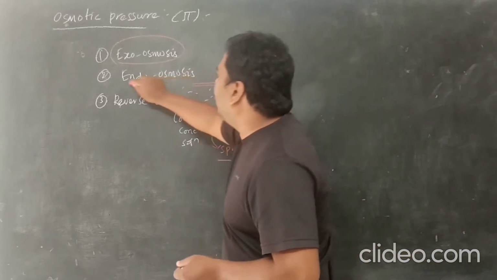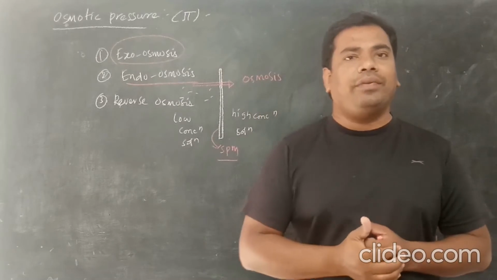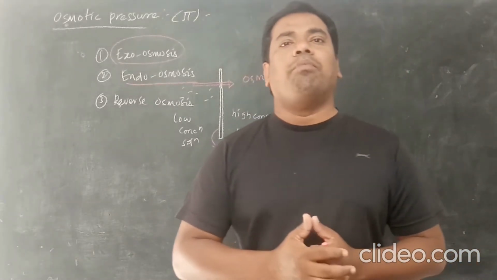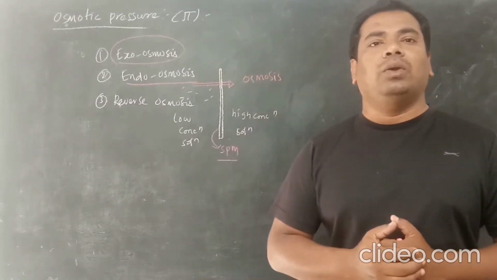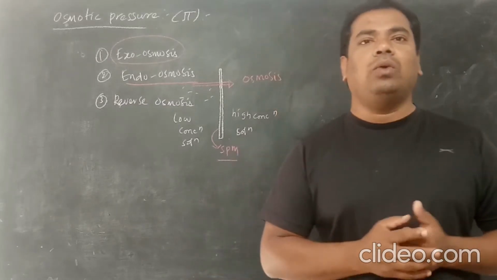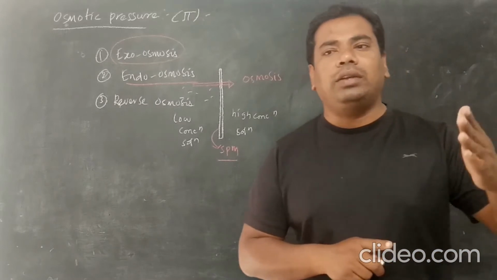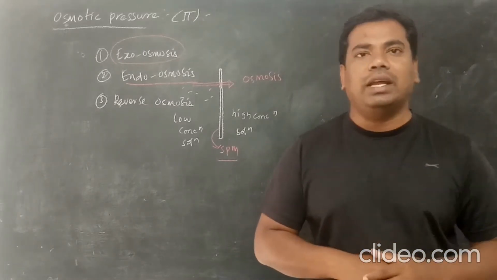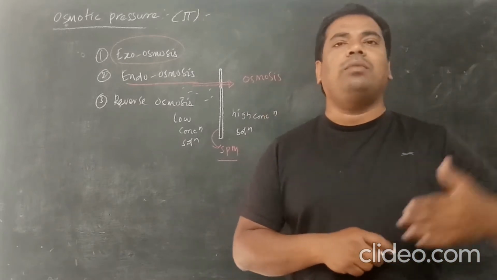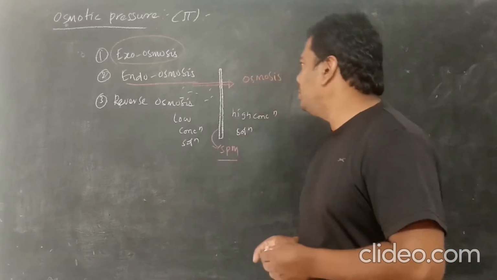Then, what is meant by endo osmosis? Endo osmosis means the process by which water molecules enter into the cell is called endo osmosis. Clear, student? Right. In exoosmosis the water molecules move out of the cell, but in endo osmosis the water molecules enter into the cell.